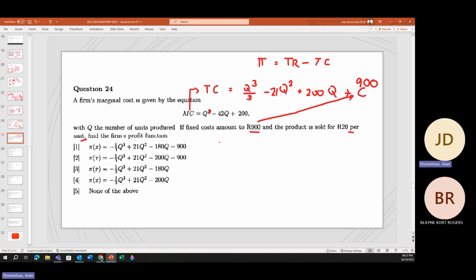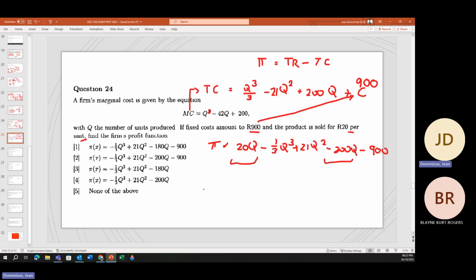So our profit is 20Q minus 1/3 Q to the third, plus, because a minus times a minus becomes a plus, 21Q to the power of 2 minus 200Q. That Q and that one we still need to put together, minus 900.